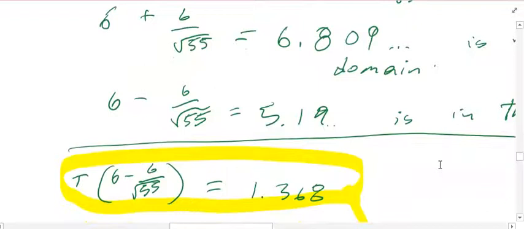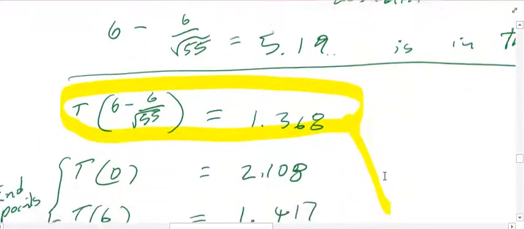So then t of 6 minus 6 over radical 55 will give us 1.368. That is this equation, t of 5.19. That will give us the time.